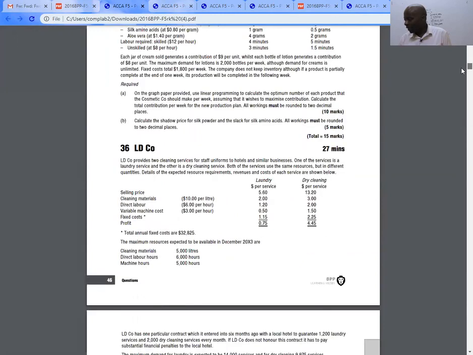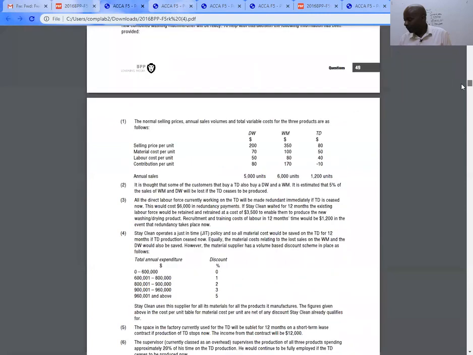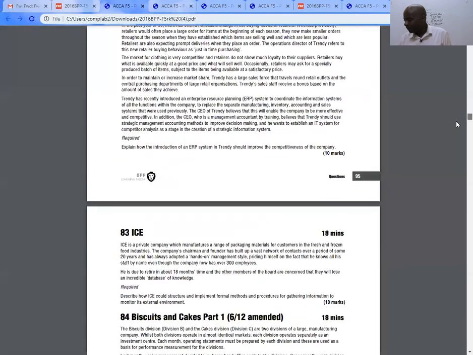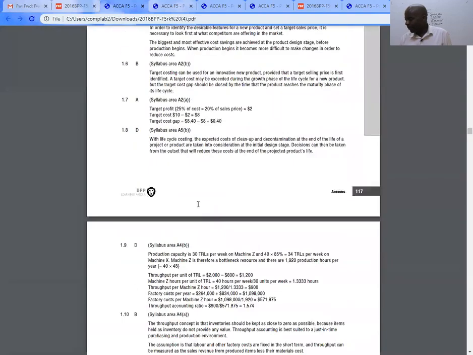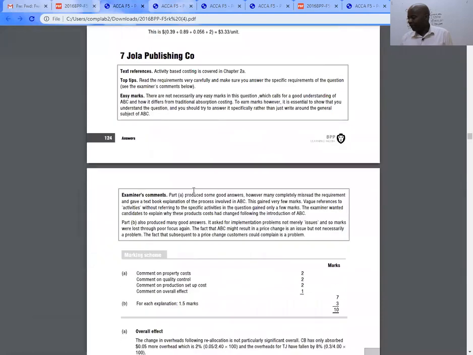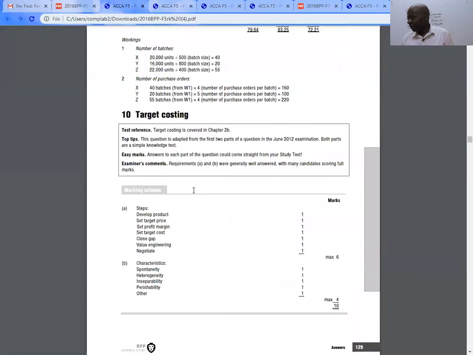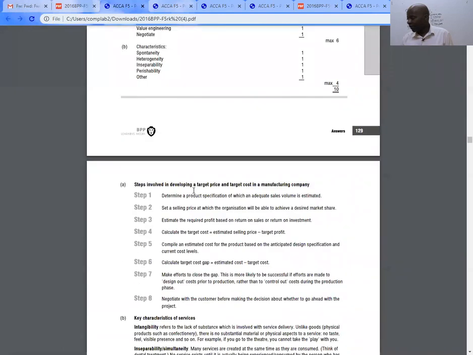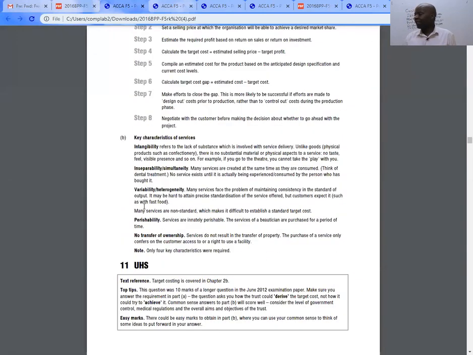I'm looking for 10. Answers are given here. So like now this is page number 130. Page number 130, especially on the key characteristics of services.